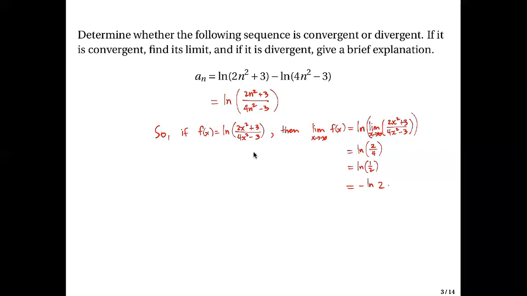So that's why we define a continuous function instead of working only on the sequences where the domain is just the set of integers. So the limit as n approaches plus infinity of a sub n is also equal to negative ln of 2.